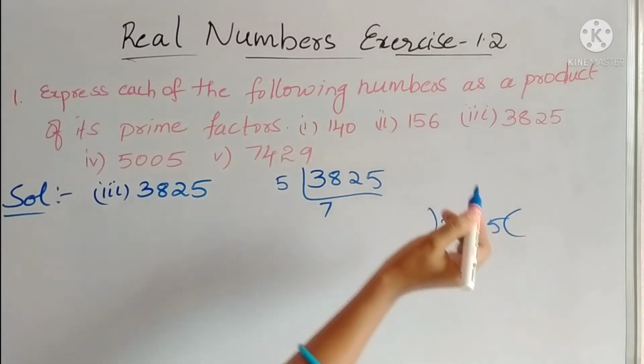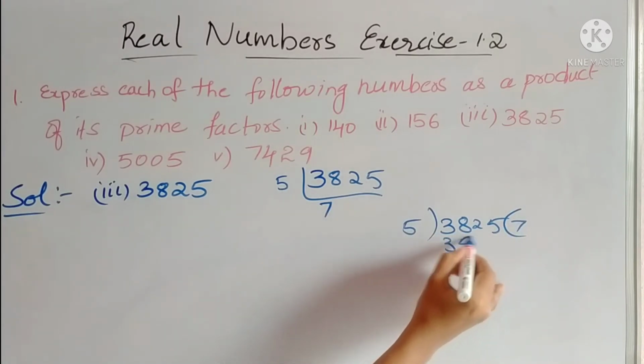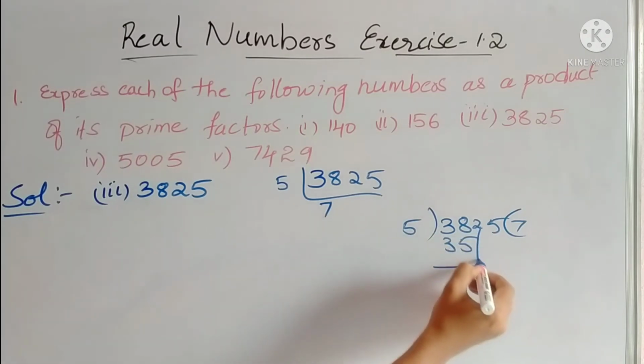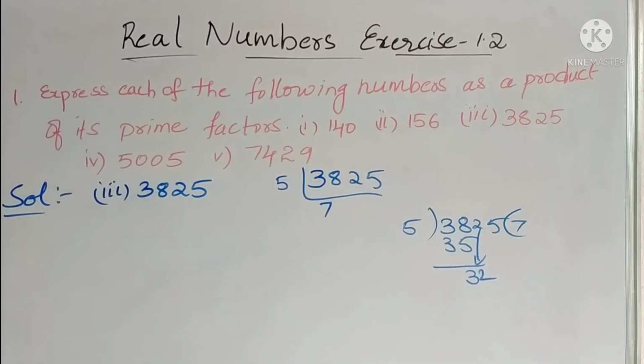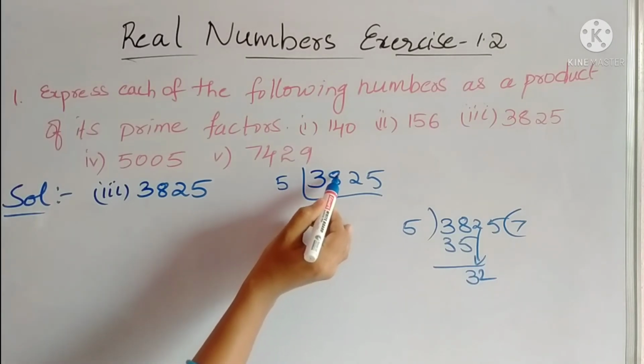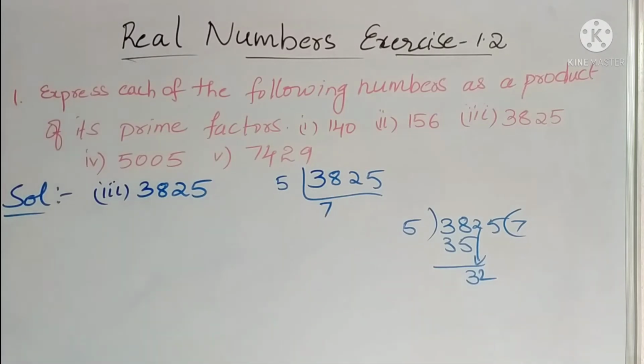Here 8 minus 5, 3, and 2 comes here, right? So 5 sevens are 35 and 3 will be remaining, and 3 to 32. How many times 32 will be divided by 5? Again 5 6s are 30. 2 will be remaining.